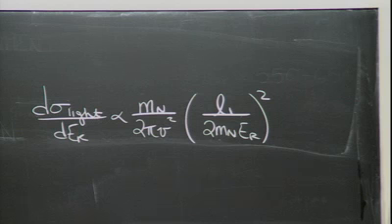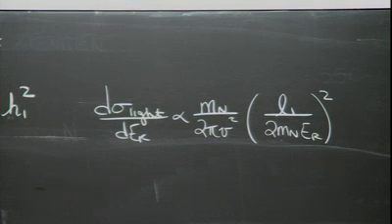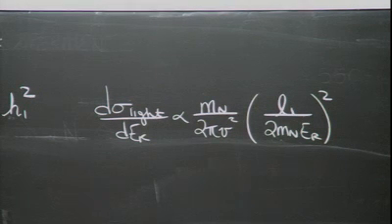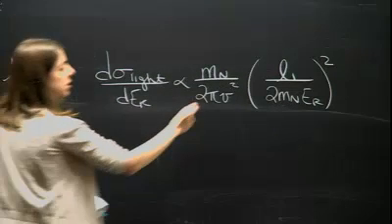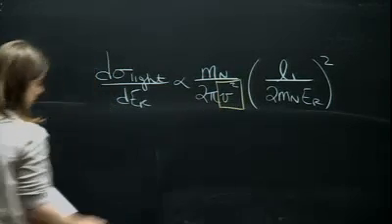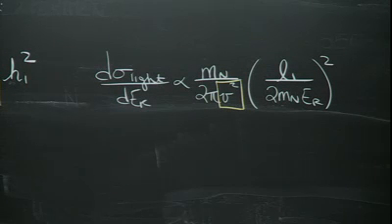So a few things of note here. One is before, I think it's probably still on the middle board, I made a note that the differential cross-section goes as 1 over v squared. So that's coming from this. And the other important aspect of this is that the dependence on the recoil energy is actually different depending on whether or not I assume that it's a heavy mediator or a light mediator in each case.